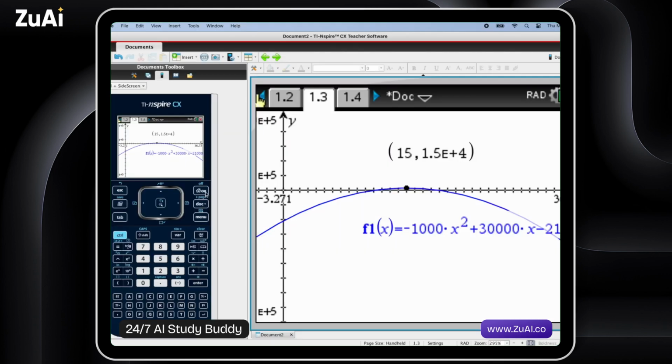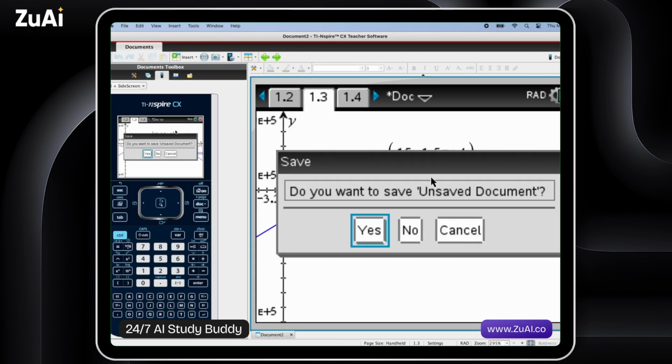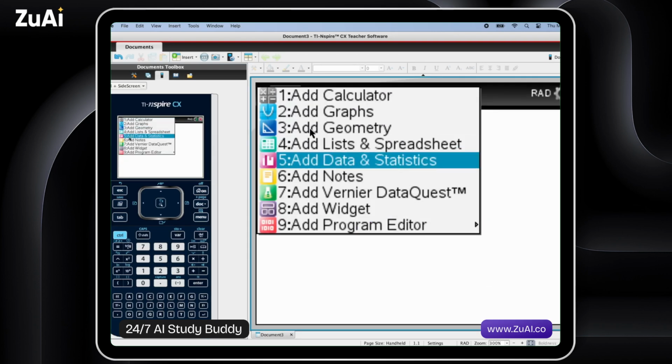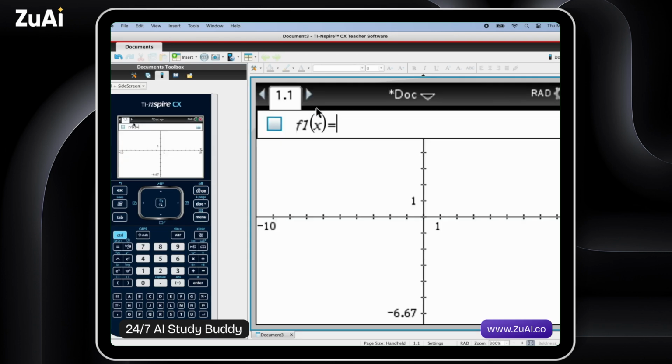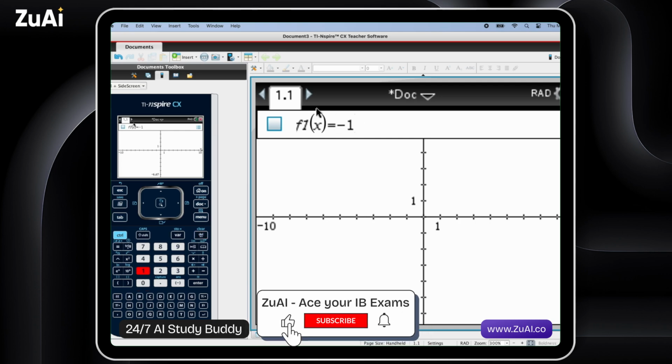Okay. Gonna get a new screen. Let's go into add graphs. I was almost tempted to use the original one just to see if it would work. Actually, we did all that expansion, so let's go back.